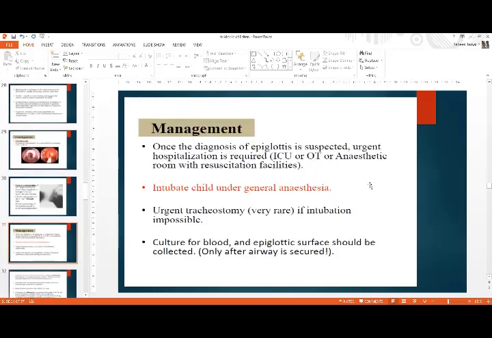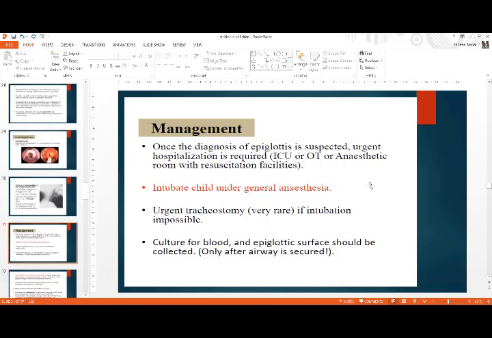Now, having diagnosed, what will be your steps of management? This child has to be admitted to the ICU and intubated under general anesthesia. Urgent tracheostomy can be done if intubation is not possible. Blood culture and culture of the epiglottis should be collected, but only after you have secured the airway through intubation.